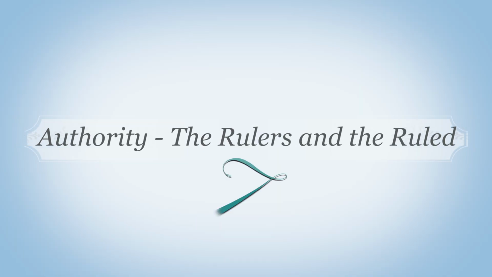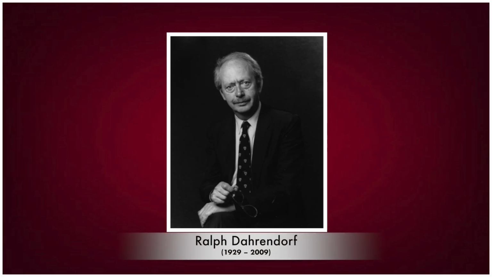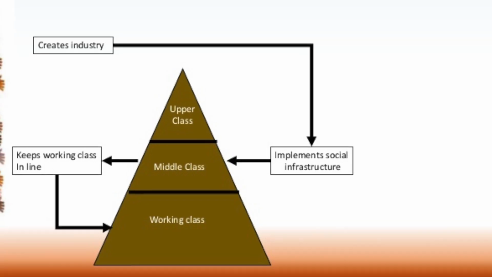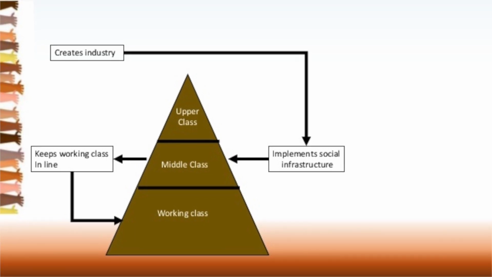Now, we will talk about authority and the rulers and the ruled. The conflict theory of Dahrendorf is based exclusively on the relations of authority. Authority structure, which is an integral part of every society, that is social organization, results in the creation of a dichotomy of positions of dominance and subjection.